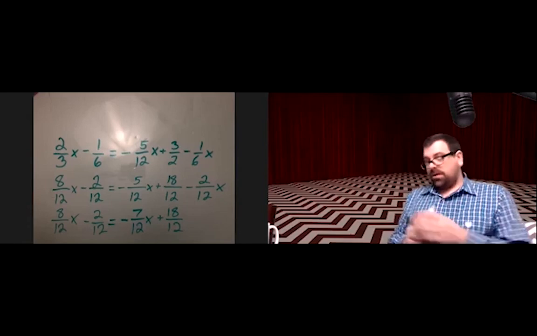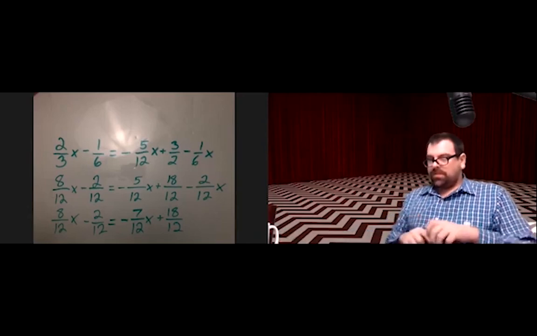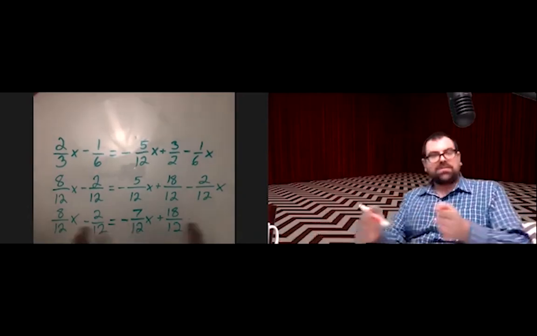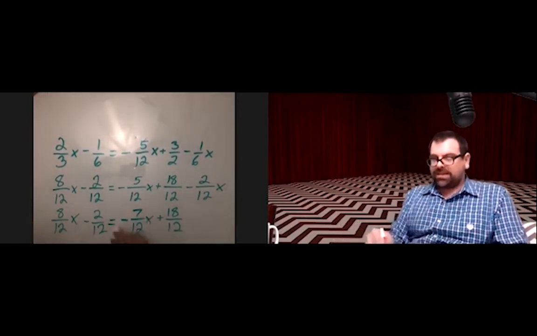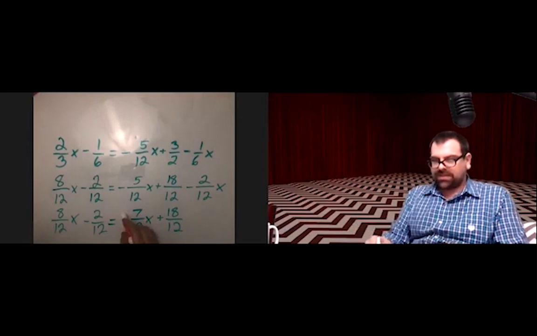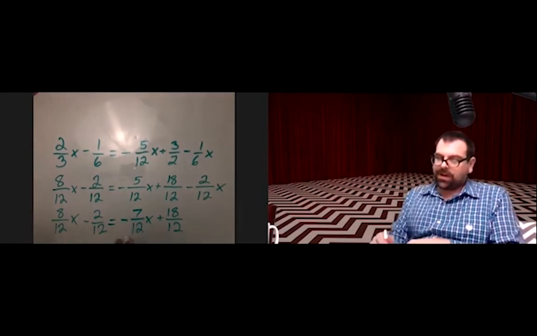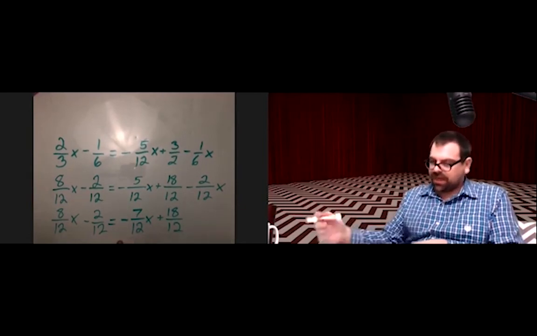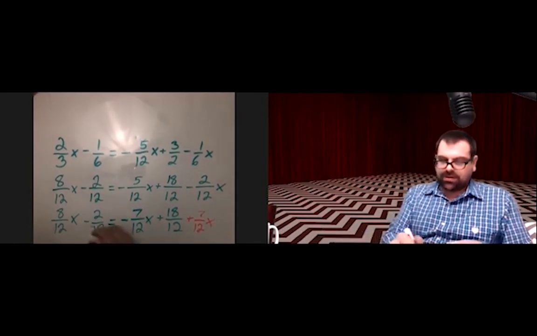Now, from here, I'm going to move any x terms I have to this side by getting rid of them. Here we have a minus 7/12 x plus, so it's either being added or subtracted. Right now it's being subtracted because of the minus. We will undo it by adding 7/12 x to both sides.